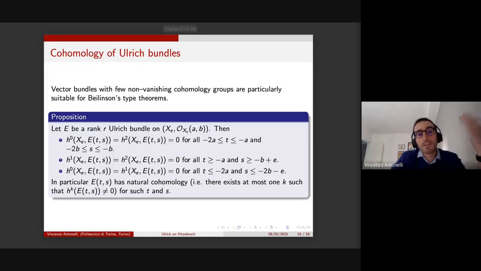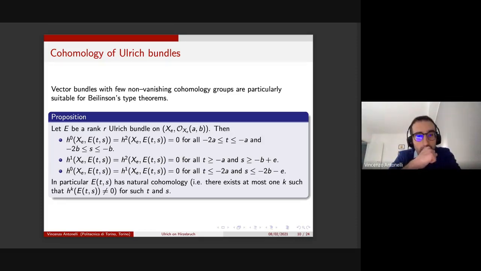And we will say that the vector bundle E(t,s) has natural cohomology for such t and s. Natural cohomology just simply means that there exists at most one cohomology group that has dimension different from 0. Okay, so a few comments here.